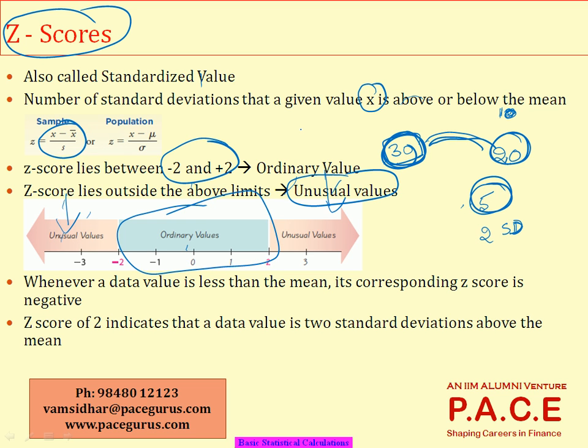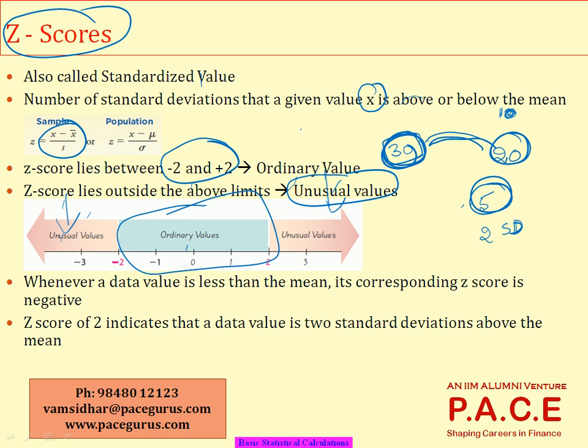We'll use the z-score very heavily as a part of our inferential statistics when we have to make conclusions about the data, in chapters like hypothesis testing. So in that context, we'll use z-scores more heavily in future. But just to understand, the z-score is a way to standardize your data, irrespective of whatever the mean or standard deviation of your data is.